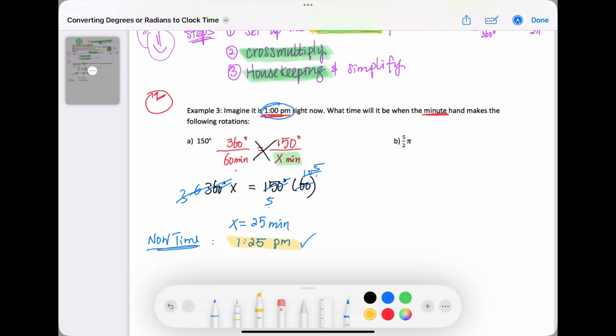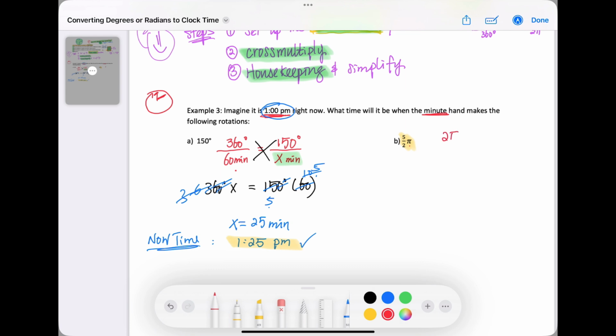What you see in part B is, hey, this time it's not in degrees but in radians, because of the pi. So step 1, I am going to set up the clock ratio equation. Do not overthink.